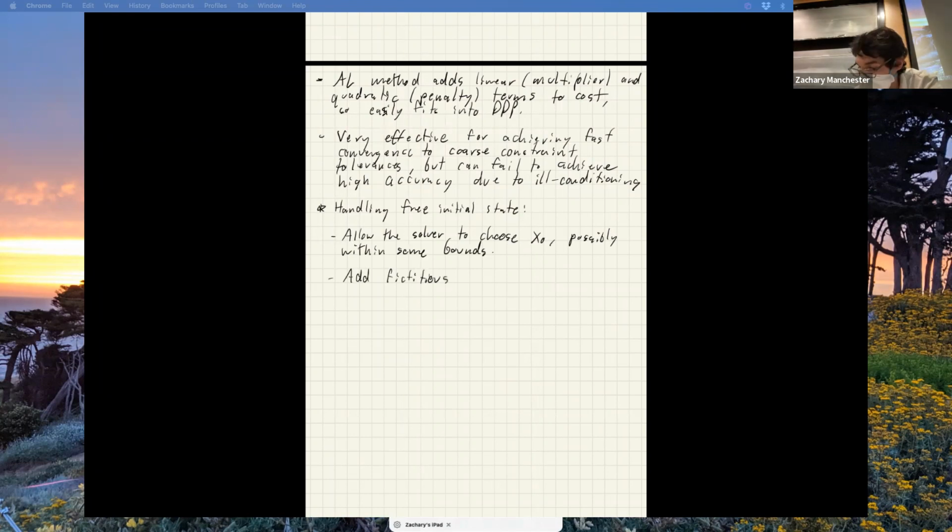So you add a fake k equals 0 step that looks like this, where this is going to be 0, and this is going to be an identity.